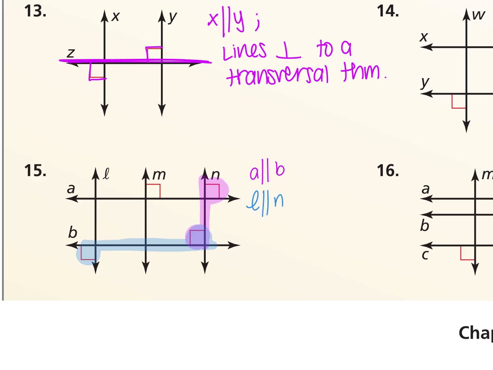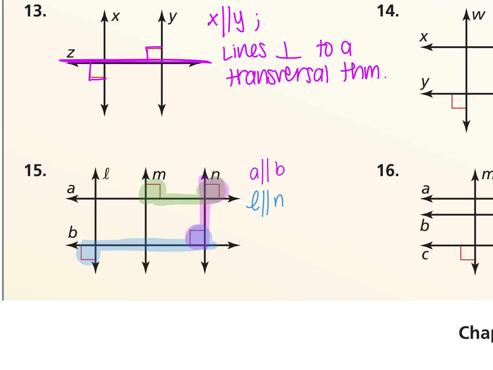What else? There's one more. Who could give me the last one? We have A and B. M and N, and what's the transversal that they're cutting? Good. So M is right here. This is the transversal that they're cutting.